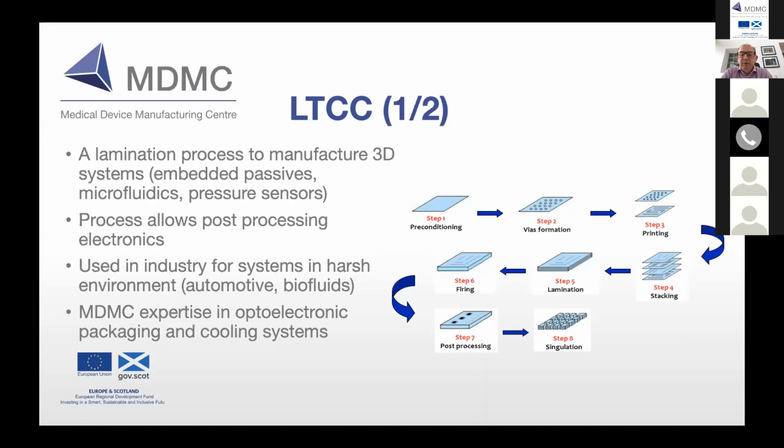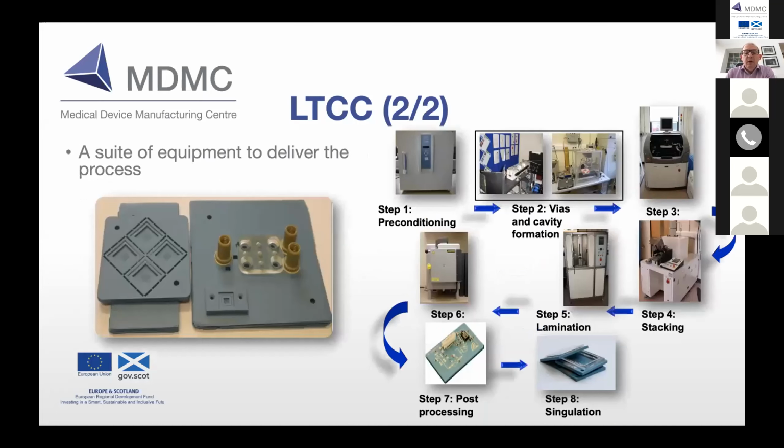We have had some expertise in using that technology for optoelectronic packaging and also for cooling systems of lasers. We have all the different equipment which allows us to manufacture that. You can see on the right the various steps which are needed to manufacture full systems.